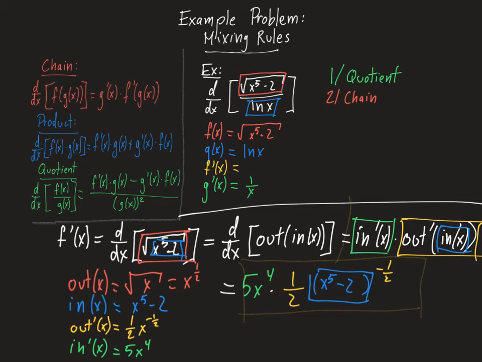So I'm just going to rewrite in this slot exactly the answer that I got at the bottom here, which is 5x to the 4th times 1/2 x to the 5th minus 2 to the negative 1/2. And again, I want to remind you guys that this is coming only from the work that I did down here. All of what you see at the bottom of the screen was just to find the derivative of f of x that I need for my quotient rule.